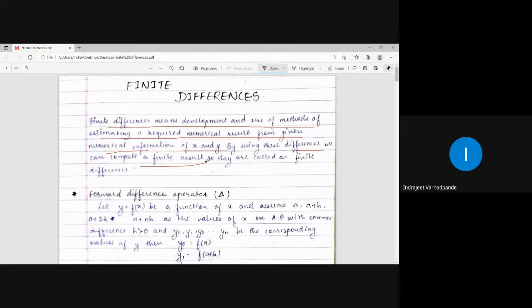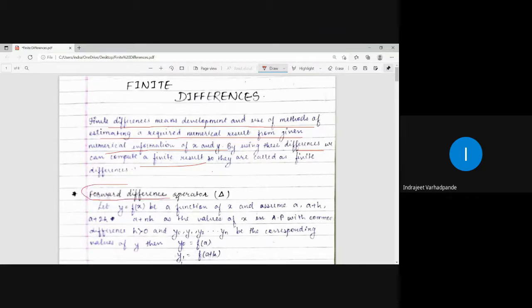And in such cases, whenever we are calculating the differences, there has to be a certain operation. And for performing a certain operation, we should use a certain operator. So for getting the finite differences, there are two different operators. One is called the forward difference operator, which is delta.